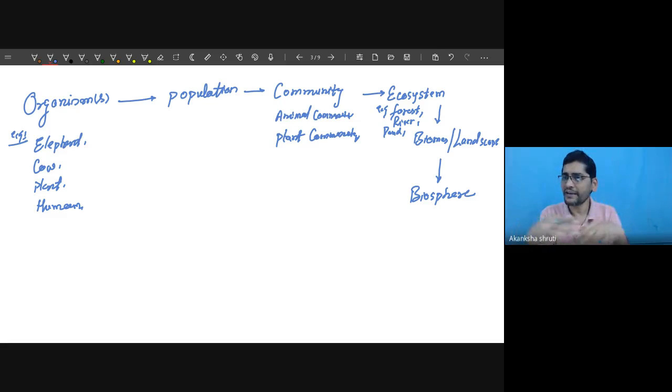If we consider, our India can also act as a landscape where there are different seasons and different kinds of ecosystems, like different rivers and different forests. So it is called biomes or landscape. It is basically a landscape. Later on, landscapes combine to form the biome.